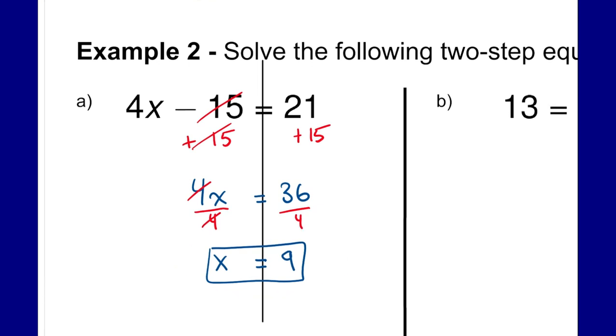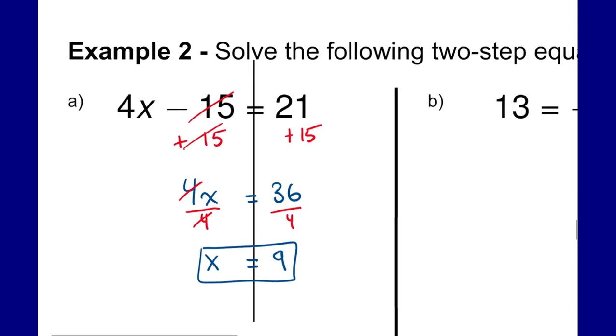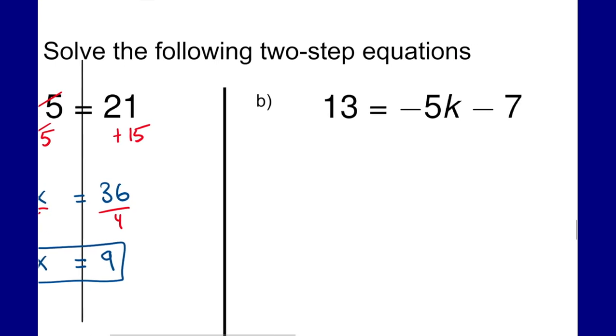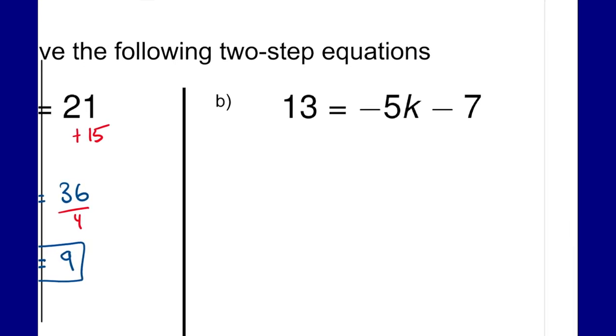So really, I should see the step to convert to a one-step and then the answer, at least. And so just keep that in mind as you go through. If you want to show all the steps just to keep consistent, that is fine as well.